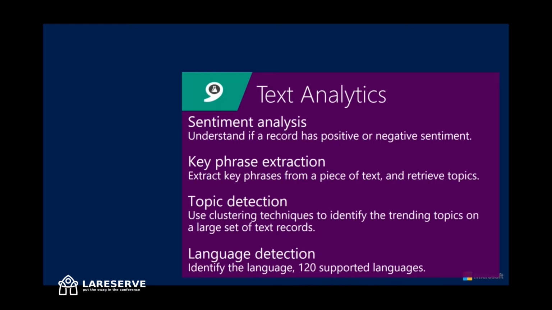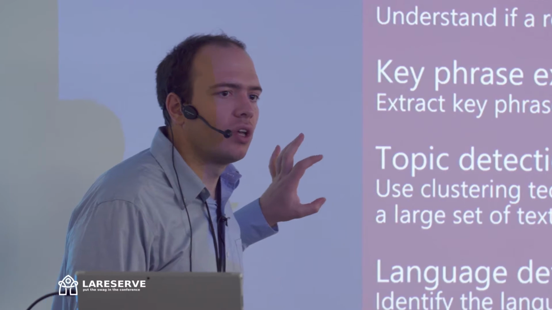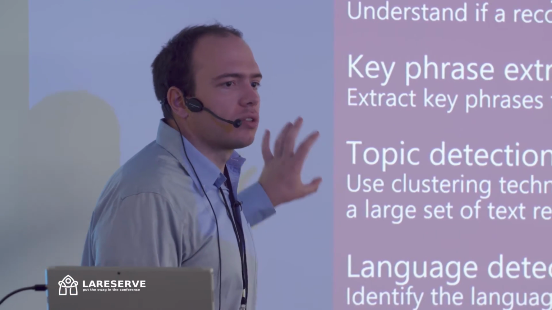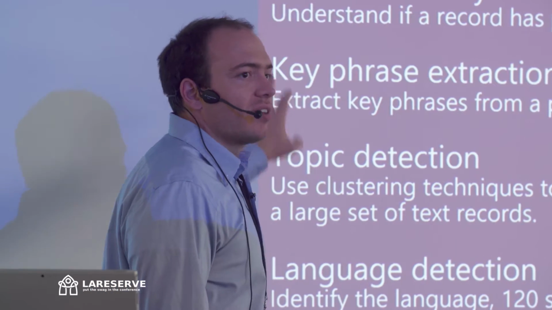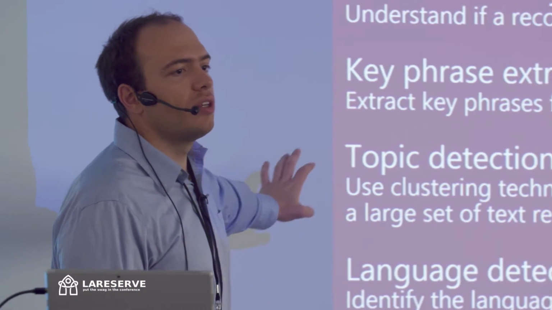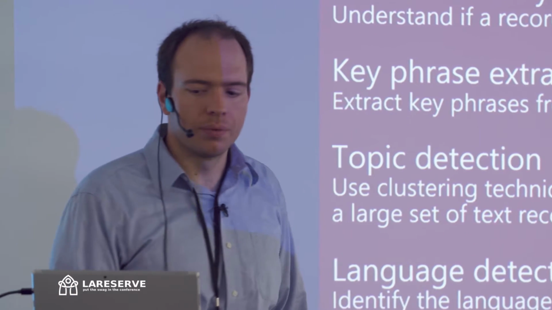Each of these different APIs can be useful in different scenarios, but the key thing here is these are all out-of-the-box usable. There's no data science that's necessarily needed. These are all ready-to-use APIs that developers can start building applications with.